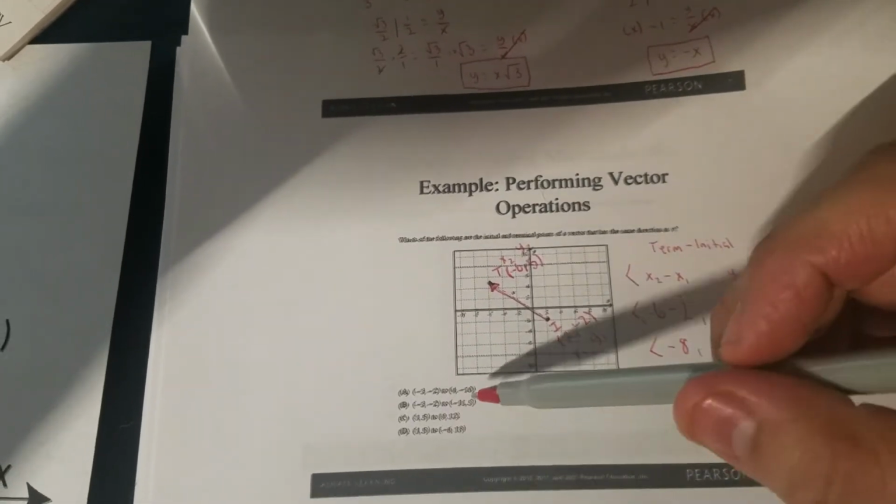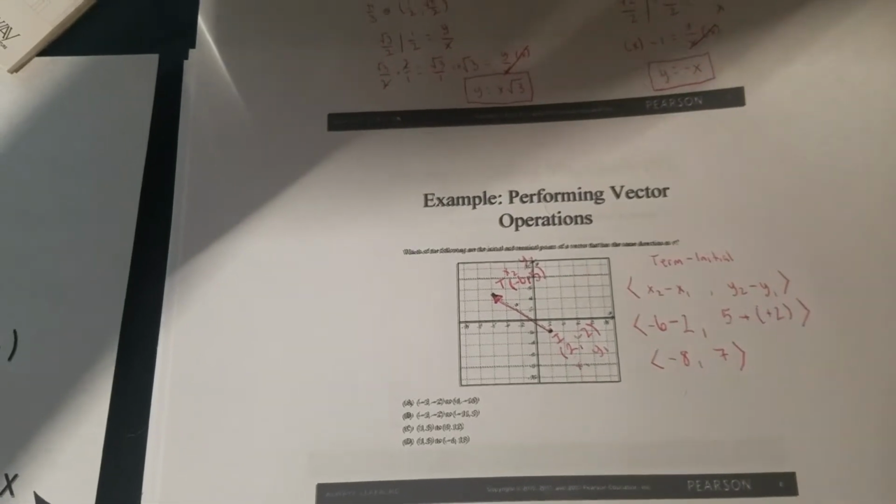As I start to look at these answer choices down here, I'm looking for the one that's -8 and 7. Okay, so let's start going through them. Again, I know these are a little blurry, but all of these are moving from this point to this one. So these are all the initial points. These are all the terminal points. So I'm going to do the same thing here. This is x2, so it's 4 minus -3, -10 minus -2.